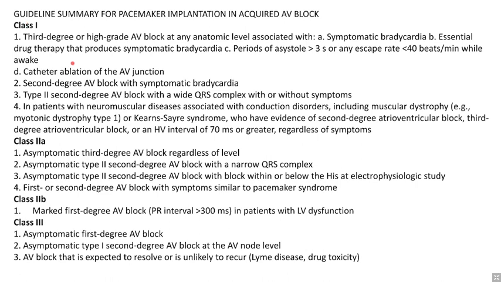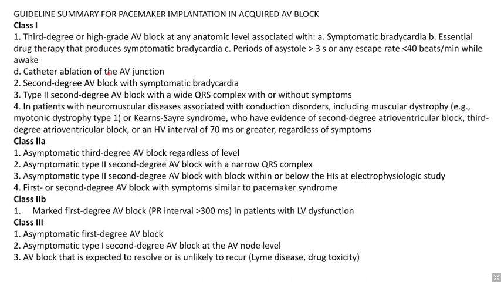If your patient has third degree or high-grade AV block at any anatomic level with symptomatic bradycardia, or essential drug therapy that produces symptomatic bradycardia, or periods of asystole of more than 3 seconds or a ventricular rate less than 40 beats per minute, of course, a permanent pacemaker.